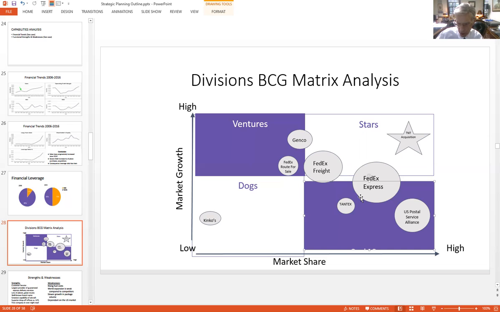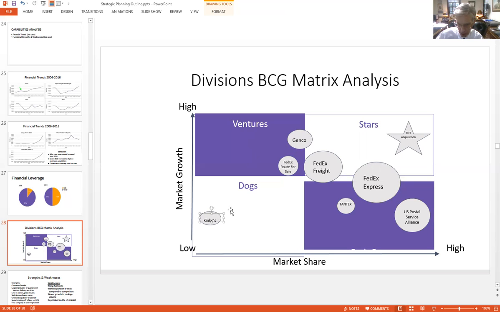The industry is mature. The business has a high market share, and for that reason, probably has a high profit margin. But the profit it generates turns into cash that is available to be used anywhere management wants to use it. And usually that cash finds its way over here to the ventures category.